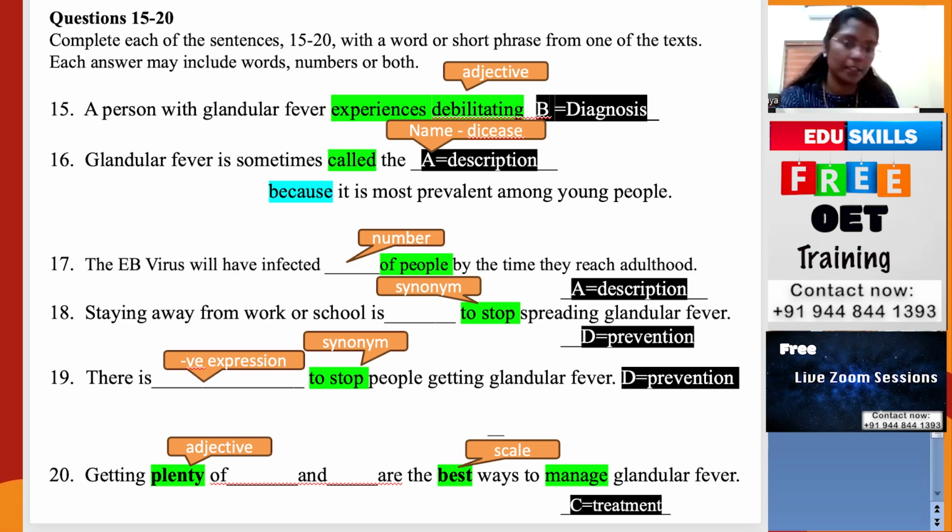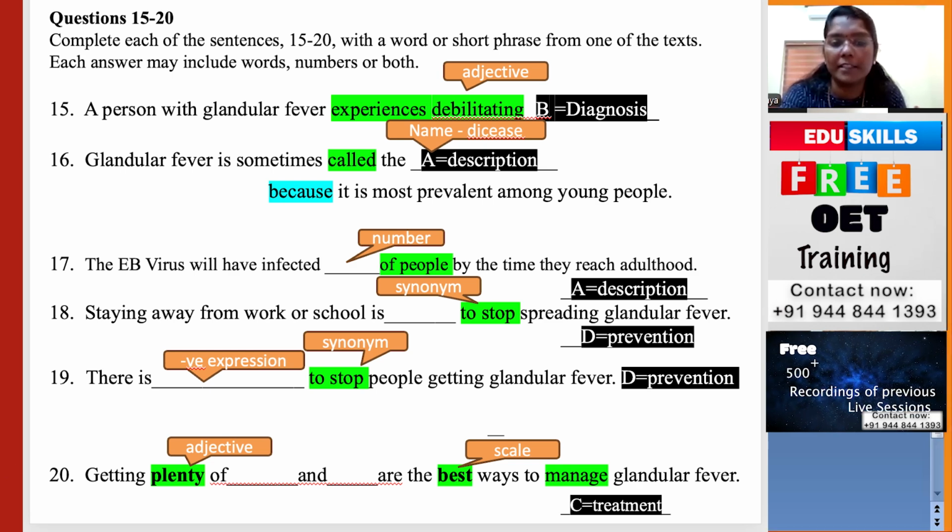What is the next question? Please tell. How many days will a person with glandular fever be poorly for? Where is poorly? Instead of poorly, what is the synonymous word we can see in text B? Unwell. In text B we can see unwell for 2 to 3 weeks.